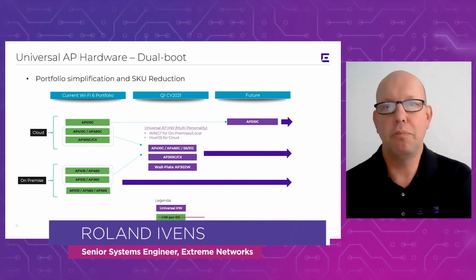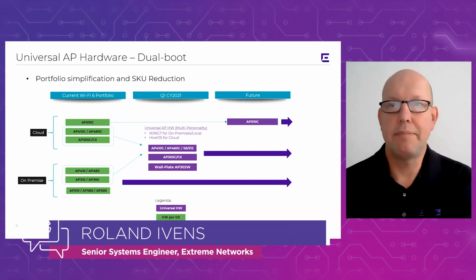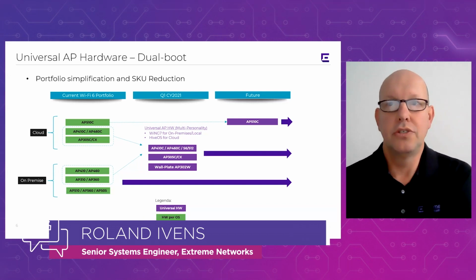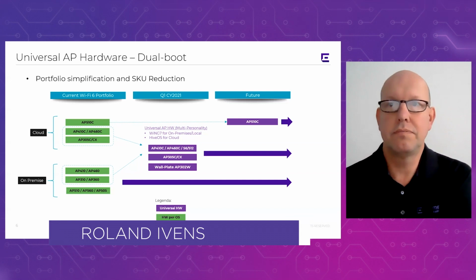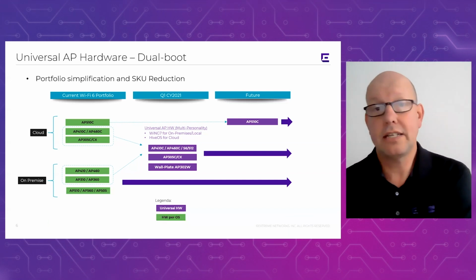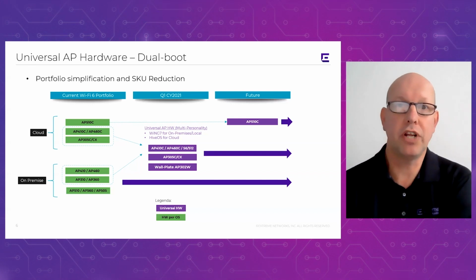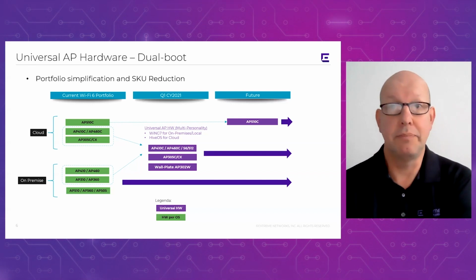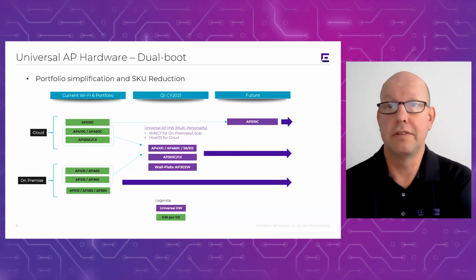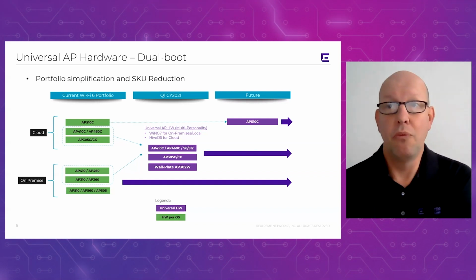Last week we launched the wall plate access point, the AP302. We added it to the set of the universal hardware APs. So Q1 of calendar year 2021 is a beautiful new start of the year. Later this year, we will make the C versions of the 500 series dual bootable.